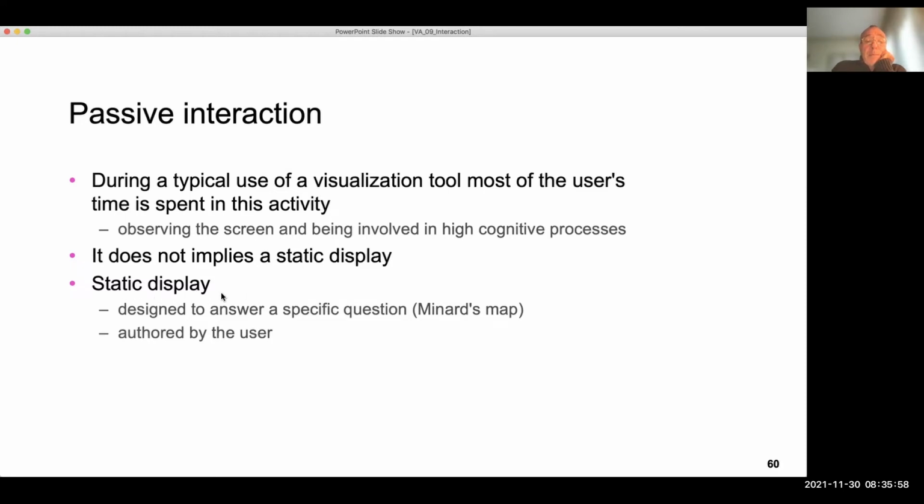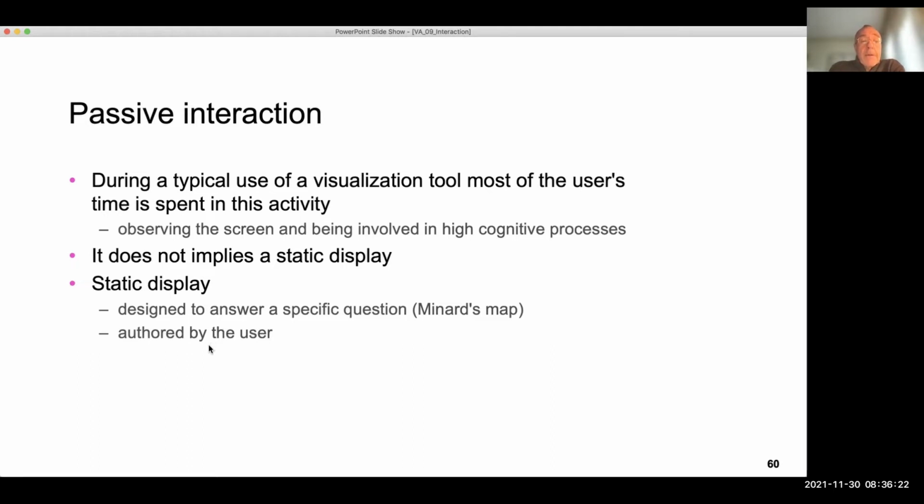Static displays may be just because they are answering a single, specific question. If you remember the beautiful Minard's map about Russia and Napoleon, this is just one question to tell the story of soldiers and fights, whatever.